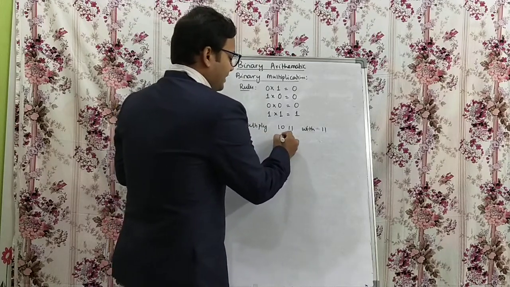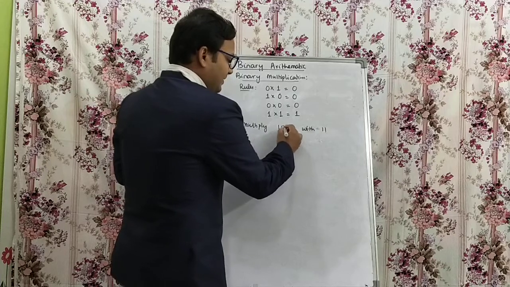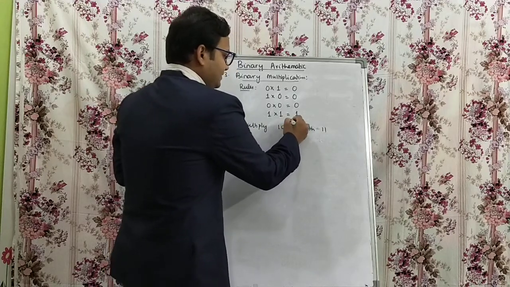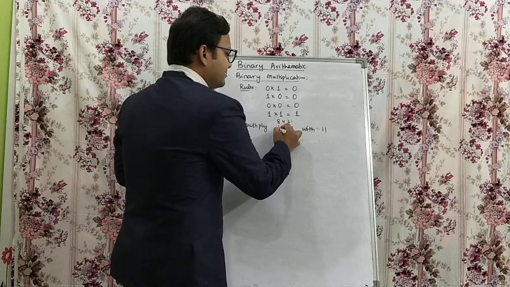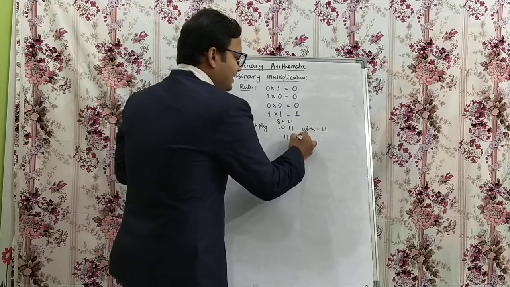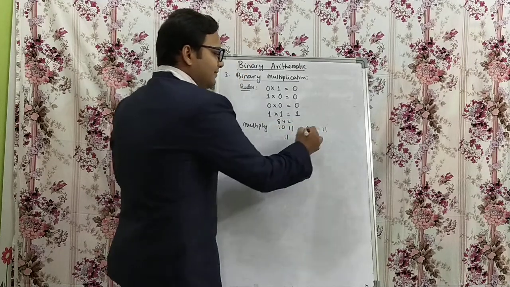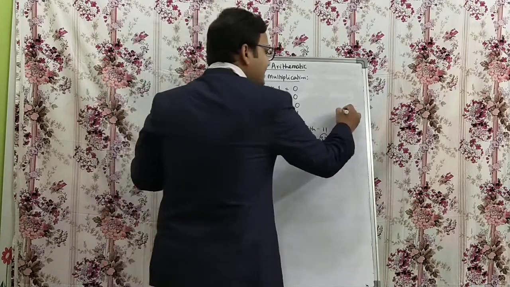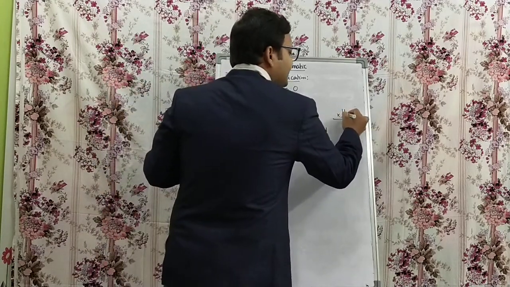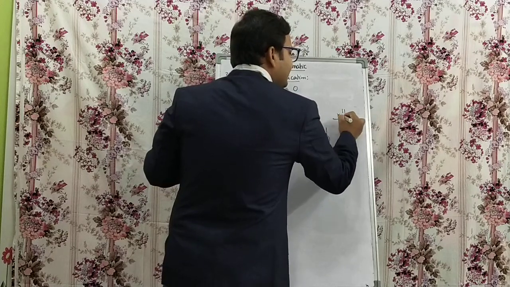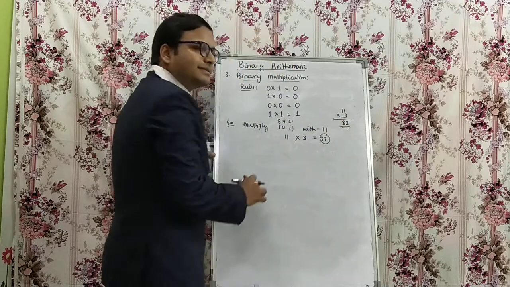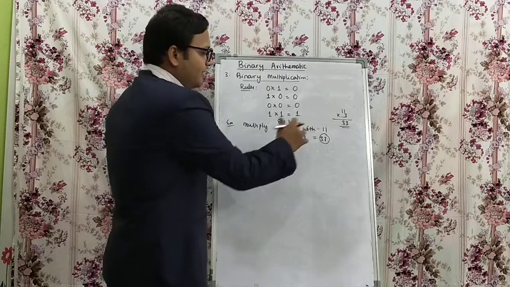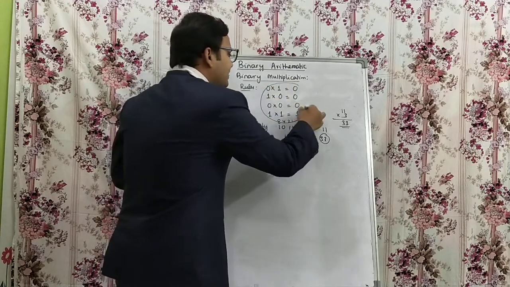Same way, you can find out the decimal value of it. So this is 1, 2, 4, 8. So this is 11 multiplied with 3, which is nothing else but 33. We should get the answer of 33. What you are doing mainly here, 11 you are multiplying with 3. 3 into 1, 3. 3 into 1, 3. 33. Like the same procedure, same way we can do with these fundamental rules.